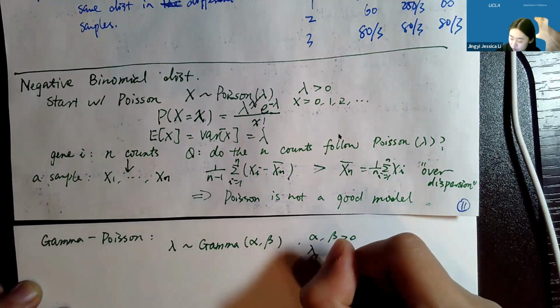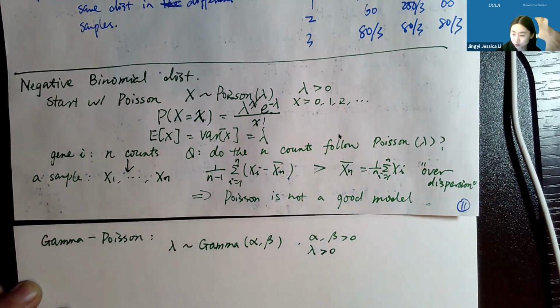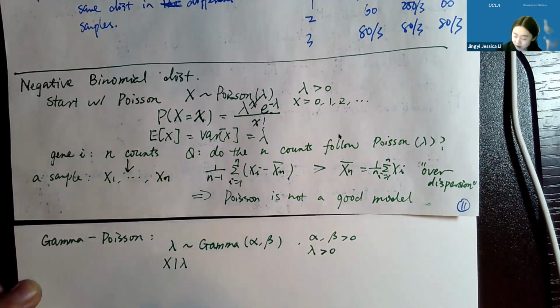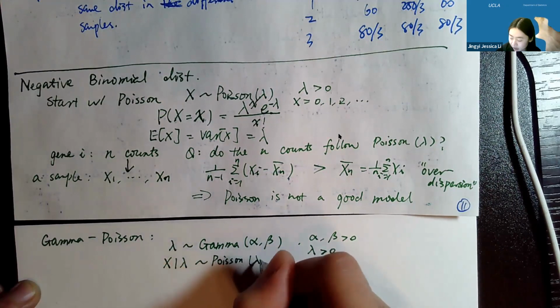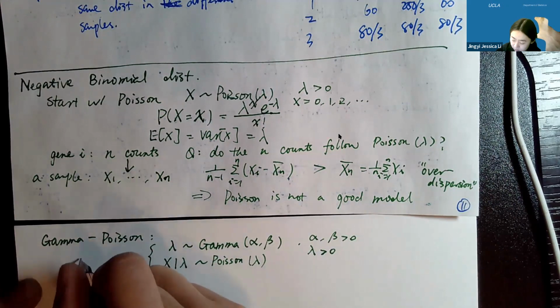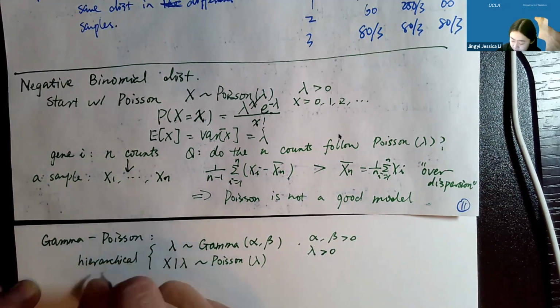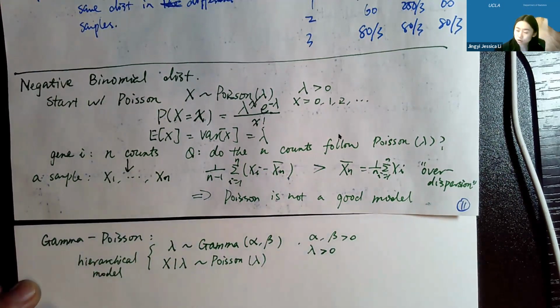So when you sample from a gamma distribution, you get a positive real number, and we call that lambda. Then given this lambda, we draw our X from Poisson lambda. This is why we call it a hierarchical model, because we first draw one random variable, and conditional on that, we draw the second random variable.